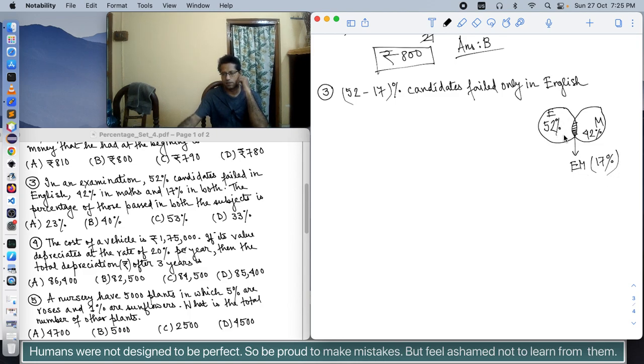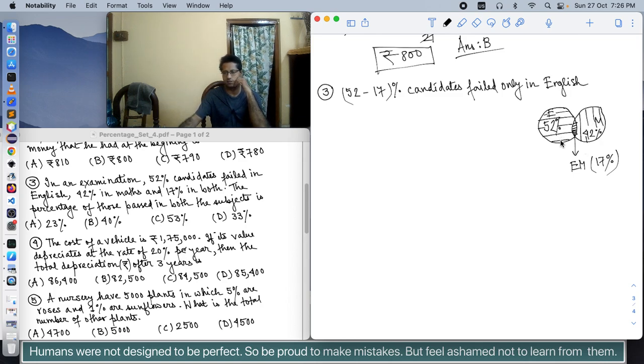Let's say the region shaded with horizontal lines are the candidates who failed only in English, and the region shaded with vertical lines are the candidates who have failed only in maths.